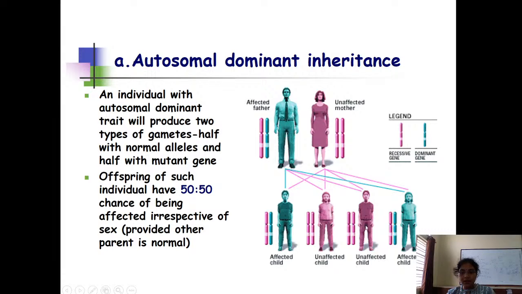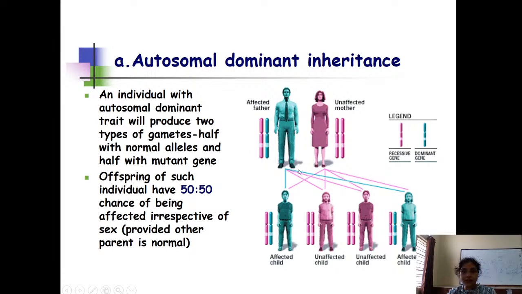What are the chances of their kids having the disease? Let's see. Affected child: if it's a boy, he will be affected, because it is an autosomal dominant. Next, if they have a daughter, she'll be unaffected because mother is unaffected and half of the father's trait is unaffected. If they have another son, he may be unaffected because he will get half from mother, half from father. Another daughter also can get affected, where you will get affected part of father and unaffected part of mother.